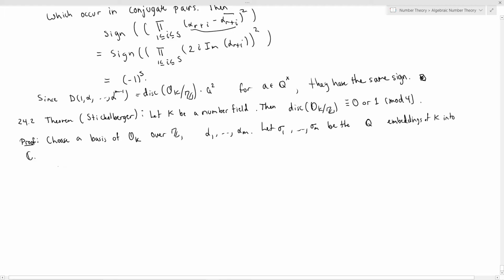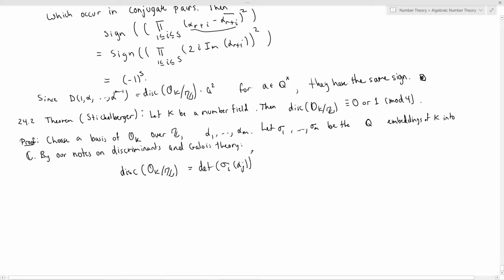I mean, we could just say C. So by our notes on discriminant and Galois theory, the discriminant of O_K over Z is the determinant of these sigma_i of alpha_j, squared.